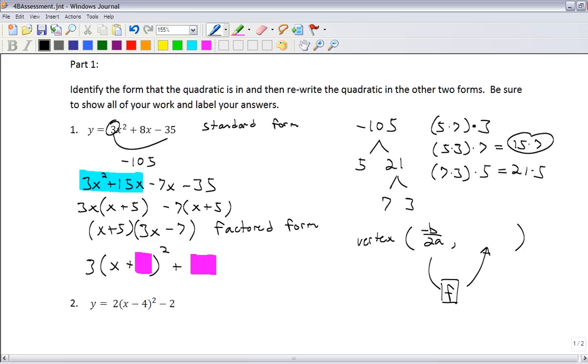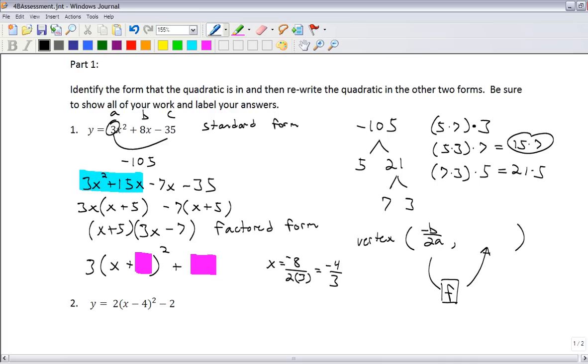So b is 8, this is a, b, c, over 2 times a, which is 3, so 6. And b was 8, so it's negative b, the opposite of b. So negative 8 sixths, negative 4 thirds.